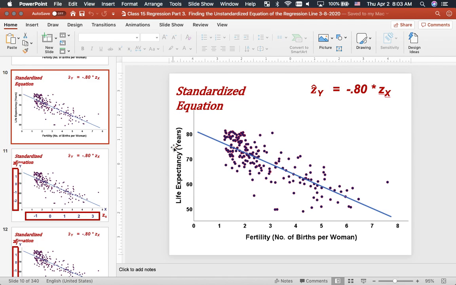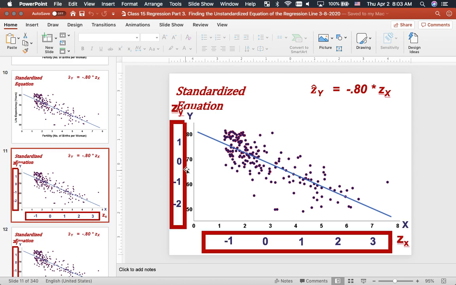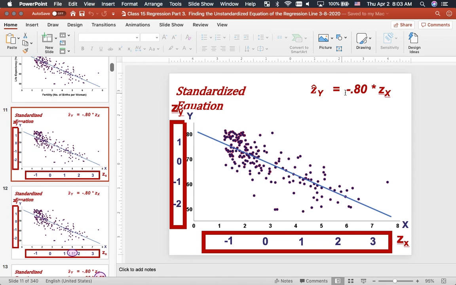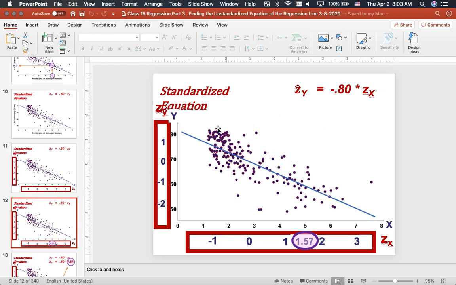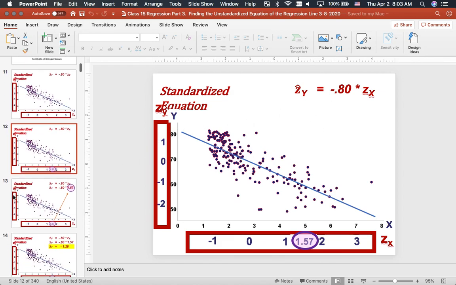So you can see here that we have to make sure our y and x axes are also in standardized form. So you can see here z of y and then z of x. So this would be plotted like this. This would be plotted like this. Same exact line, exact thing.